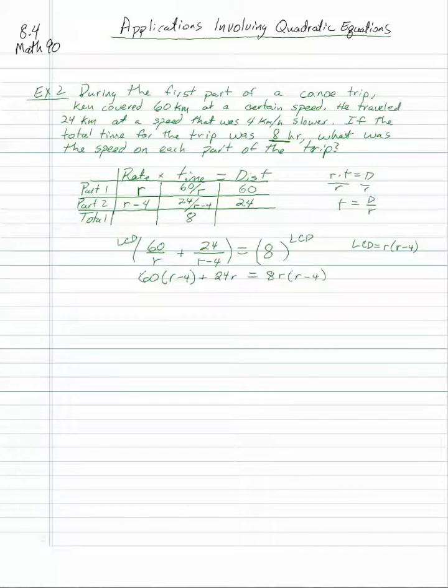Now this is a quadratic equation, so I have to distribute everything. That'd be 240. 8R squared minus 32R. Combine like terms. So we have 84R minus 240.